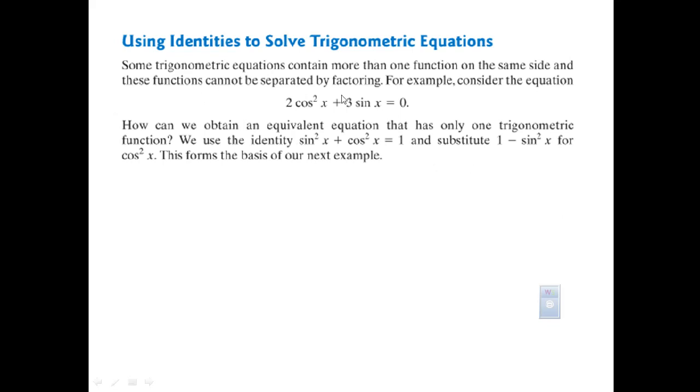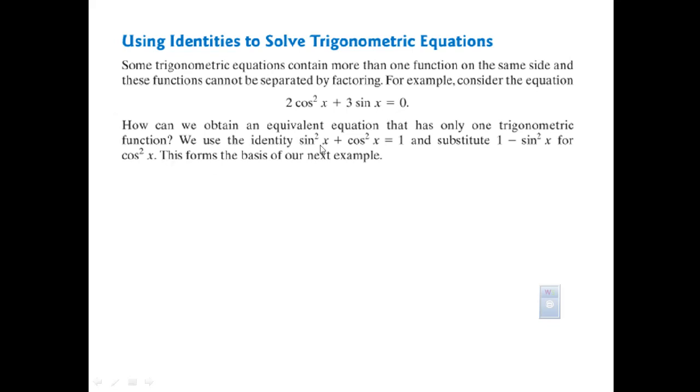Now, some trigonometric equations contain more than one function of the same side. These functions cannot be separated by factoring. You can't factor a cosine out. There's not a common cosine. What you can do is use an equivalent expression for one of these, for instance, a trigonometric identity.